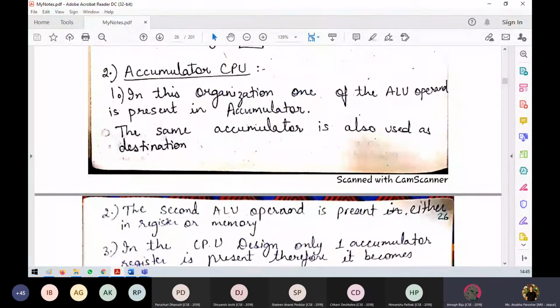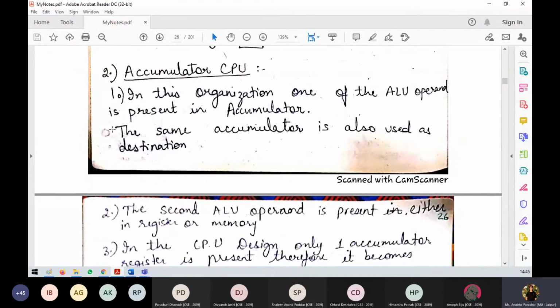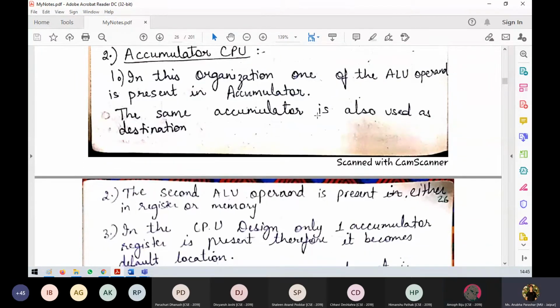Can you see this accumulator CPU? Yes, we can see the accumulator CPU now. Okay, great. So the first part that I was revising, did you see that? Initially for some time, and then you dragged the window to the other side, then we couldn't see. Okay. As soon as you are not able to see my screen, please let me know.